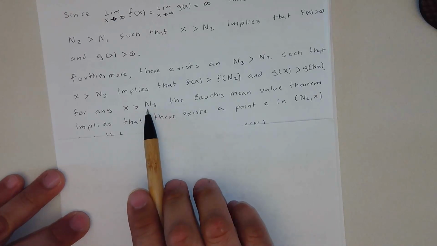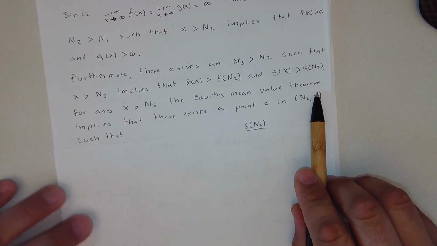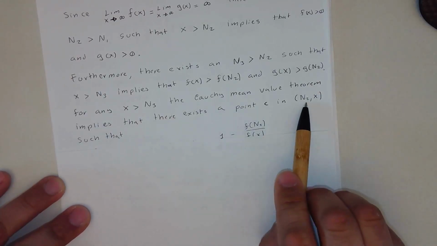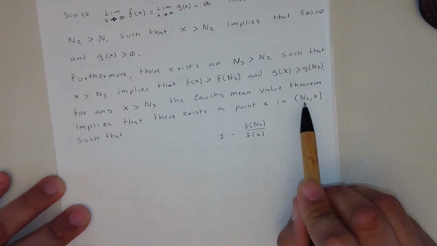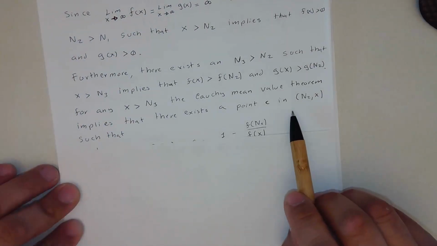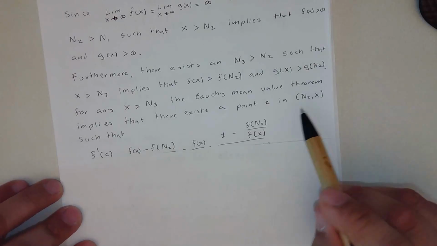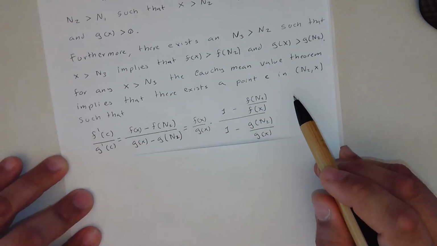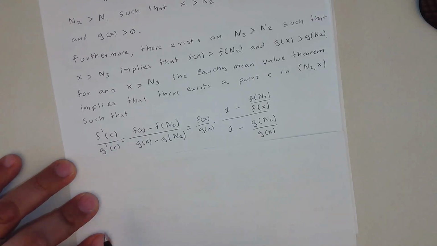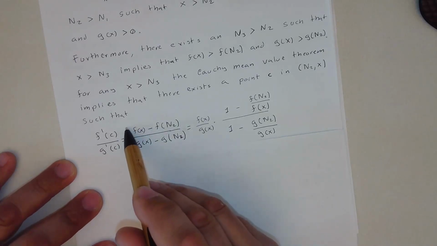For any x greater than n3, the Cauchy mean value theorem, remember this Cauchy mean value theorem, implies that there exists a point C in between these two numbers, between the number n2, which is the biggest number that makes all these positive, and x, which is a number greater than that, but below infinity, such that the derivative evaluated in C is the same as this, right?